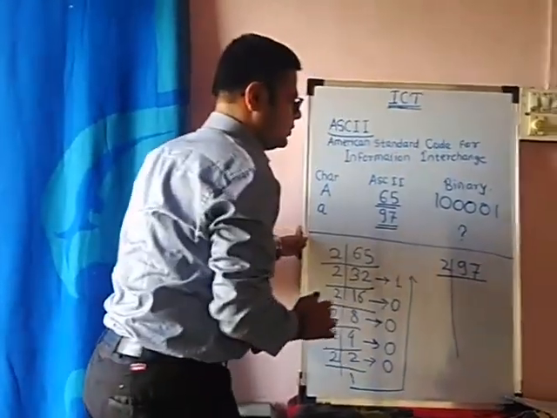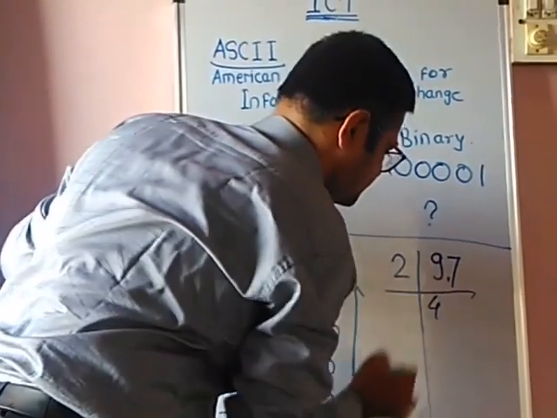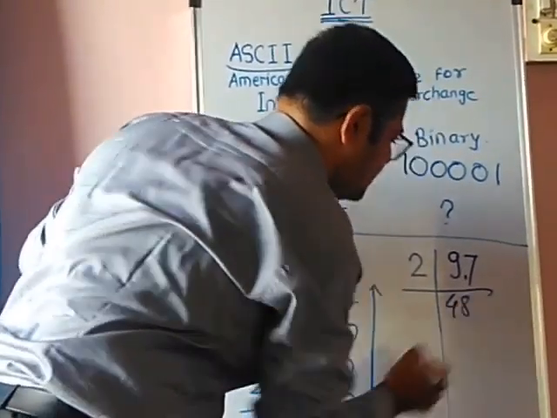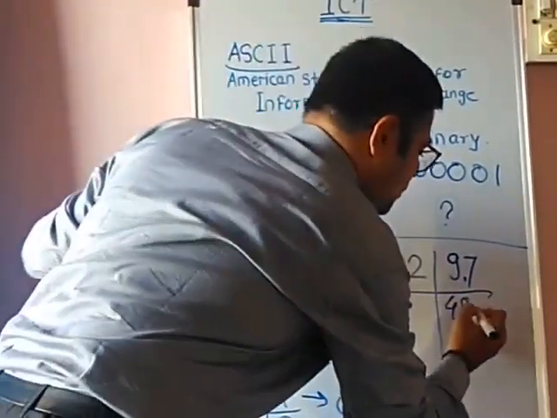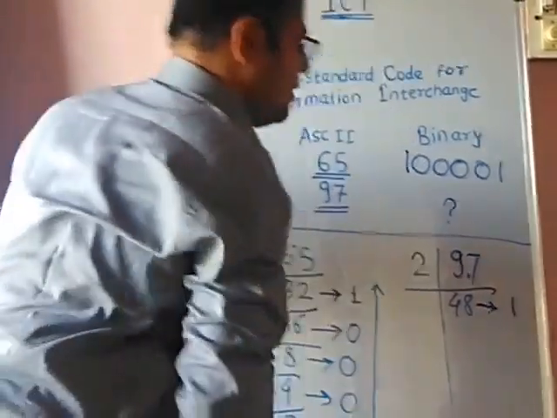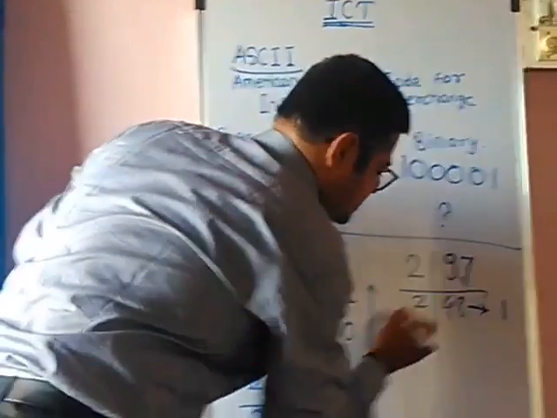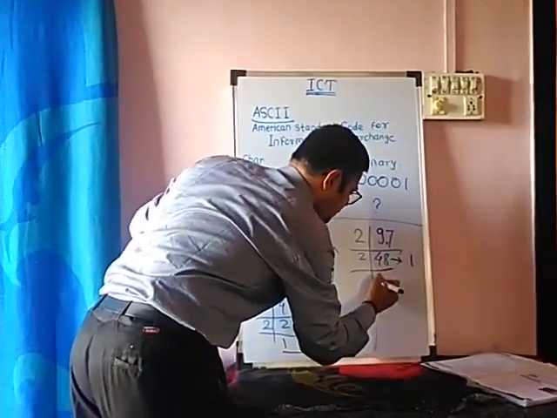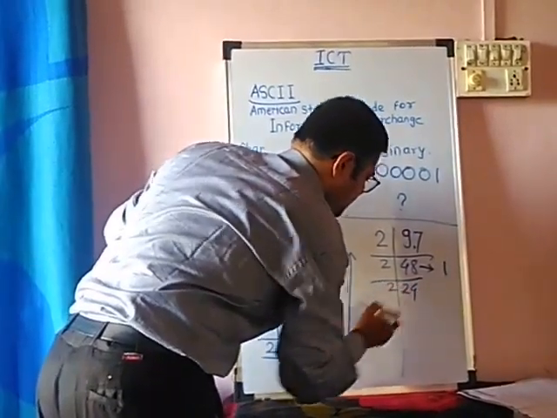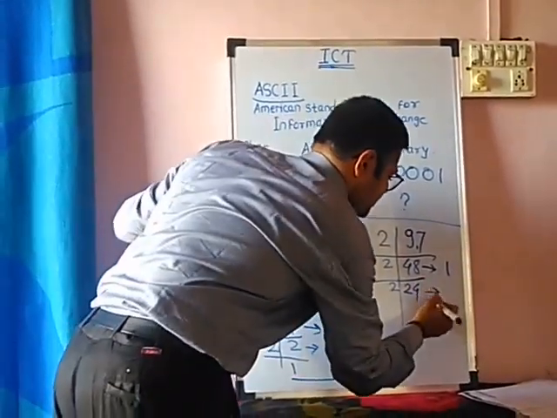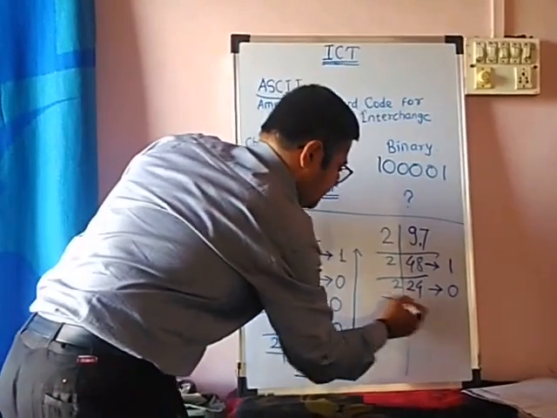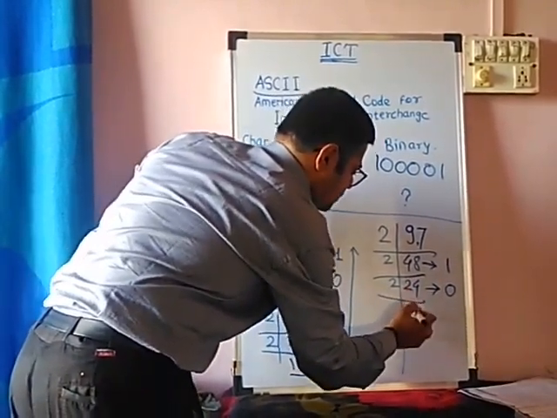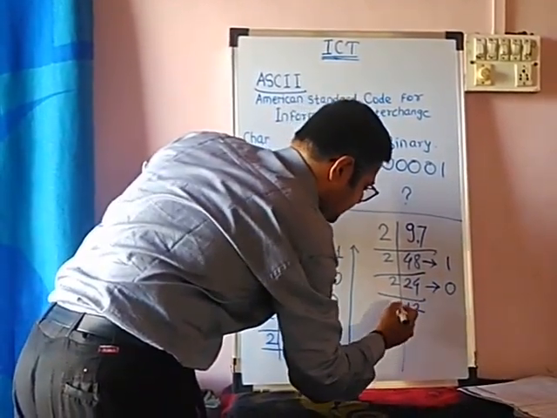Divide 97 by 2. 2 4s are 8 and 2 8s are 16. 1 is the remainder. Okay. Now again divide this number 48 by 2. Okay, 2 2s are 4 and 2 4s are 8. Remainder here is 0. Fine. 2 1s are 2. 2 2s are 4. 12 is the division.